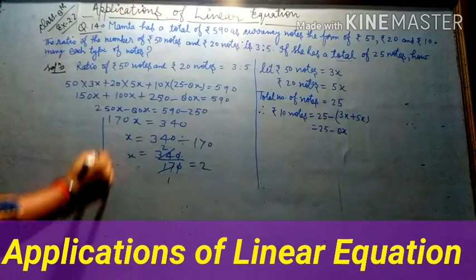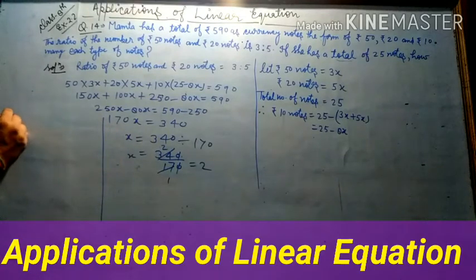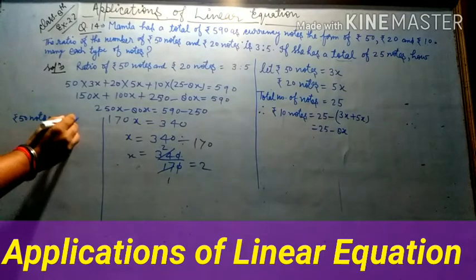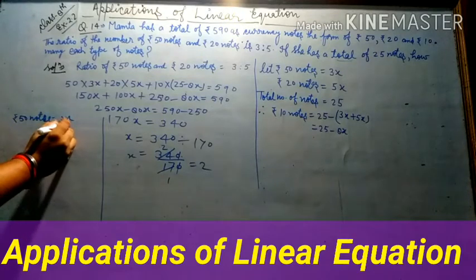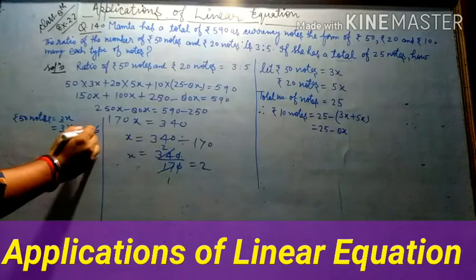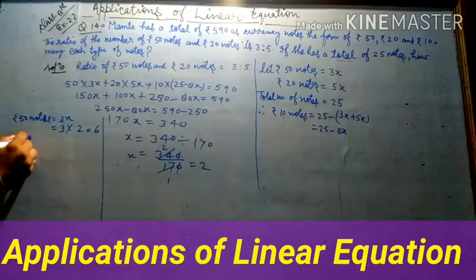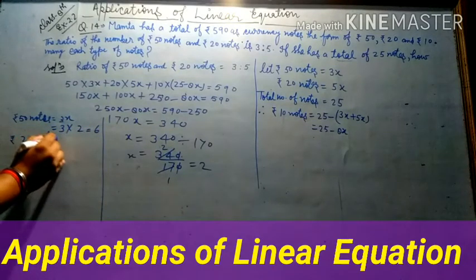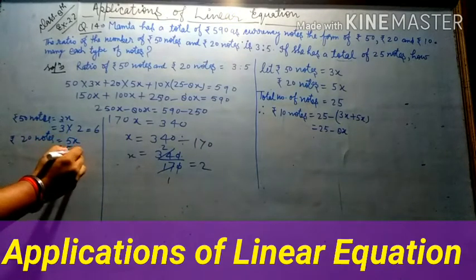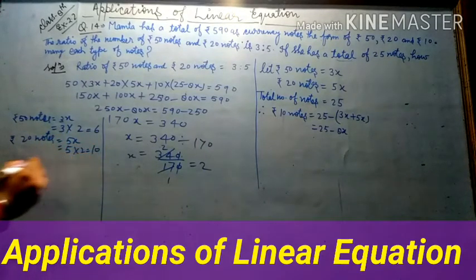Hence, the rupees 50 notes equal 3x, means 3 multiplied by 2, that is 6. Rupees 20 notes is equal to 5x, means 5 multiplied by 2, that is 10.